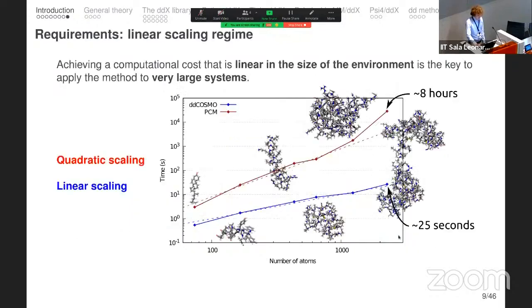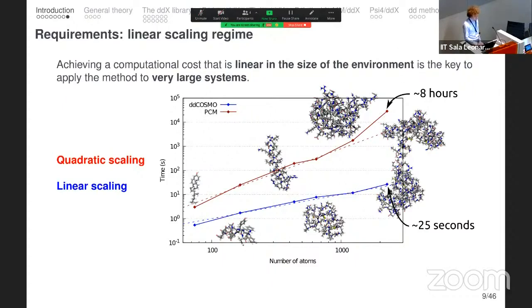Another thing we are really interested in is having a very good computational cost scaling, because if we want to do biophysics with these kinds of models, then we really need something which is linear scaling. This is a comparison between a traditional polarizable continuum model implementation and ddCosmo. And as you can see, for the largest system, the linear scaling implementation takes just 25 seconds versus the other one, which takes 8 hours.